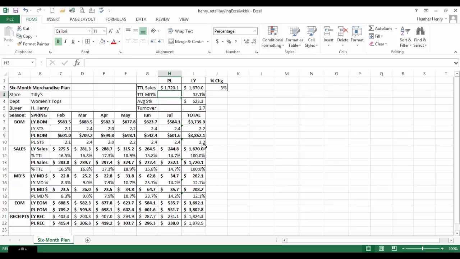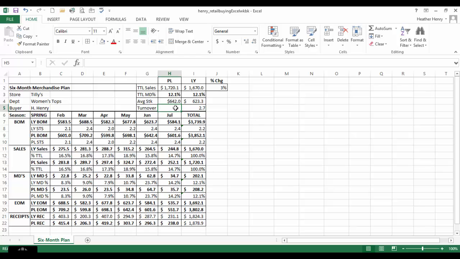Once again, let's go ahead and pull in that markdown rate for this year. We can see we're still at that 12.1% markdown rate. Our average stock, once again, let's take the average of our current planned inventory, and we are about $642,000 average on hand versus last year's $623,000.